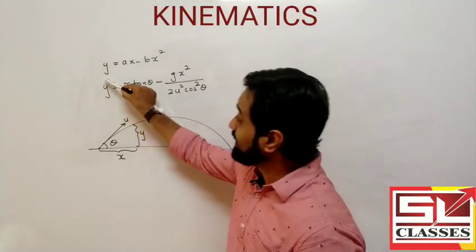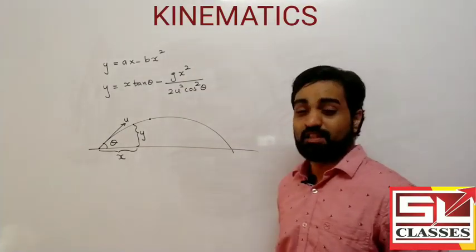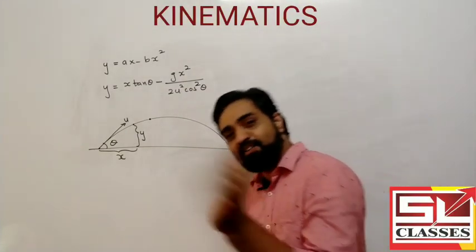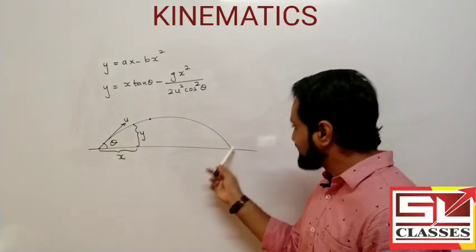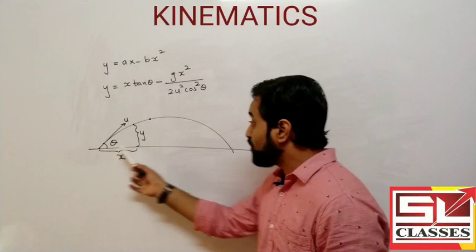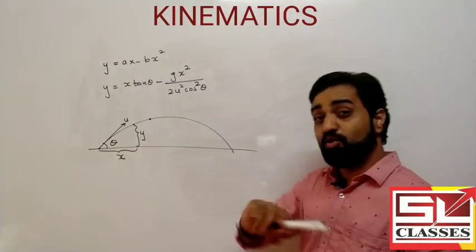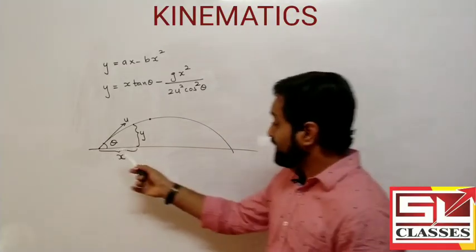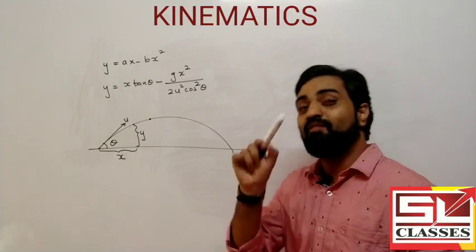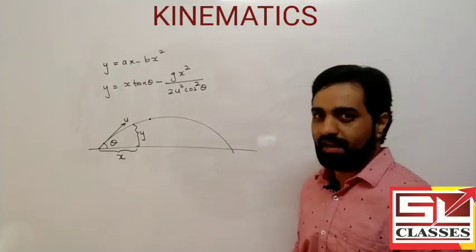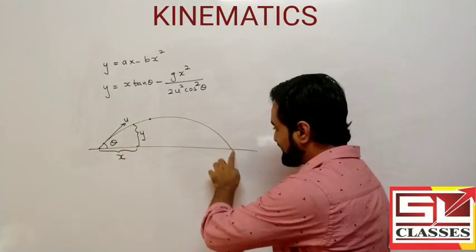This gives the vertical displacement after covering a horizontal displacement. When the motion is completed, we know the horizontal displacement is called the range. Correct? When the motion is completed, x becomes range and y becomes 0. Correct? Because the body starts from here and finally reaches this point.